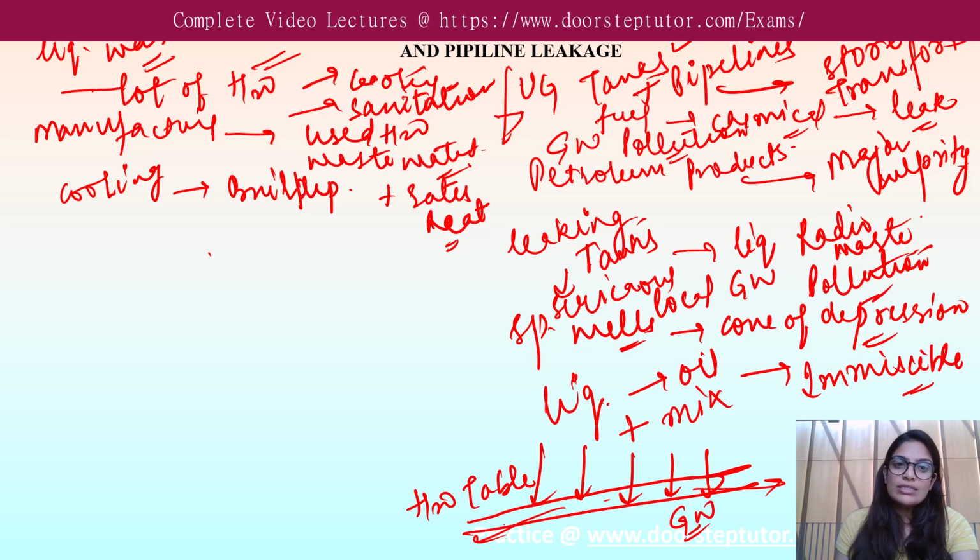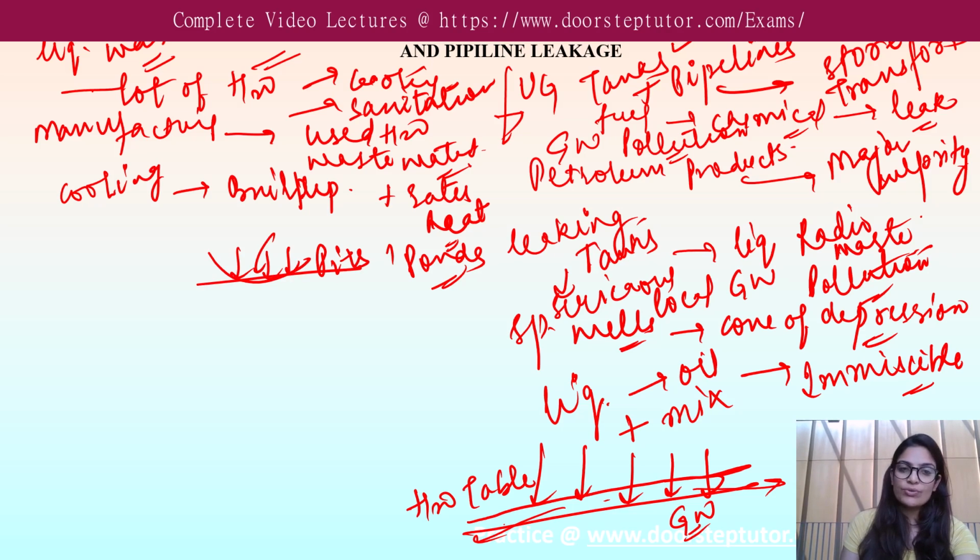So when this is dumped into pits or ponds, the pollutants present in this water will again seep down until they reach the water table, and they will form the same kind of layer, and then start spreading out. So this is going to form groundwater pollution.